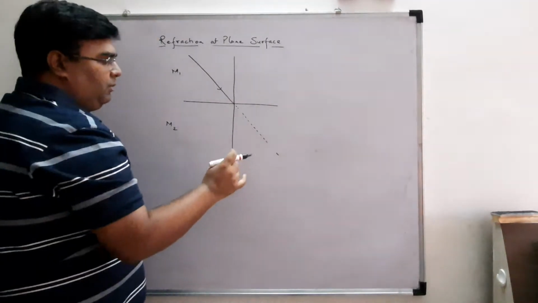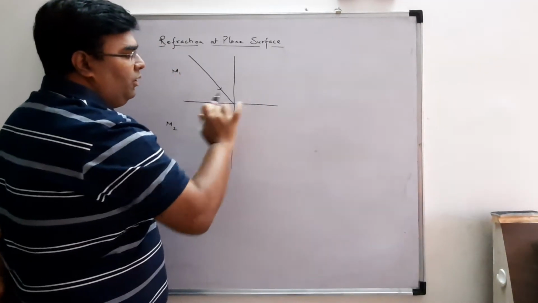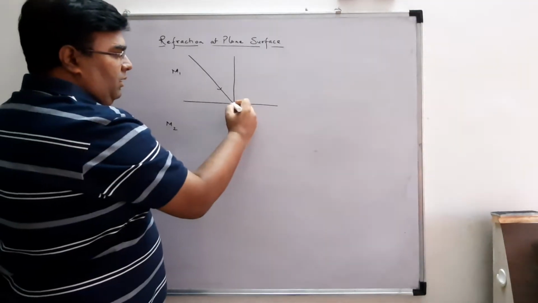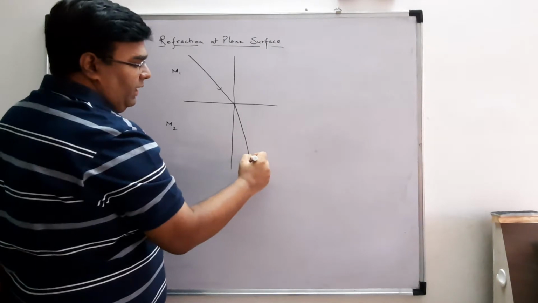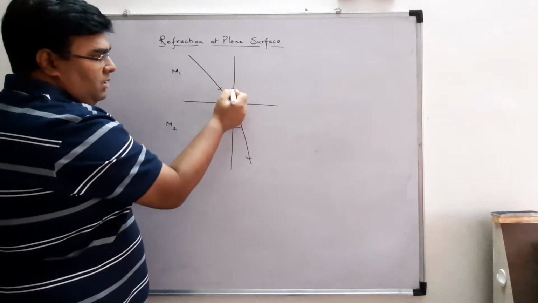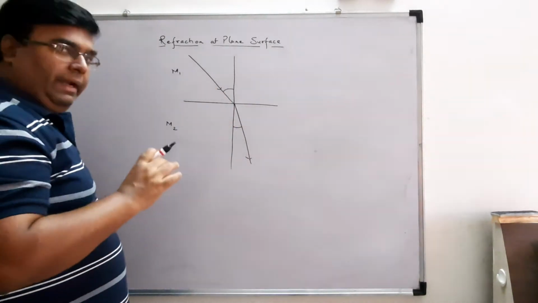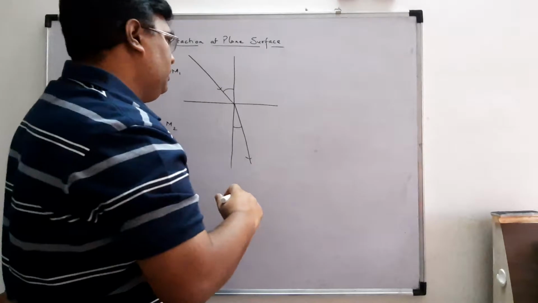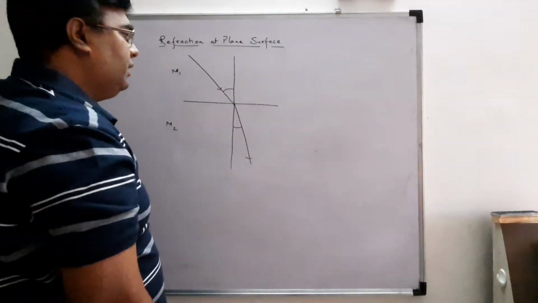But we are talking about two different mediums, so it will not happen. Another thing is, it can change direction and move towards the normal, and this angle is smaller than this angle. This is known as bending towards normal.